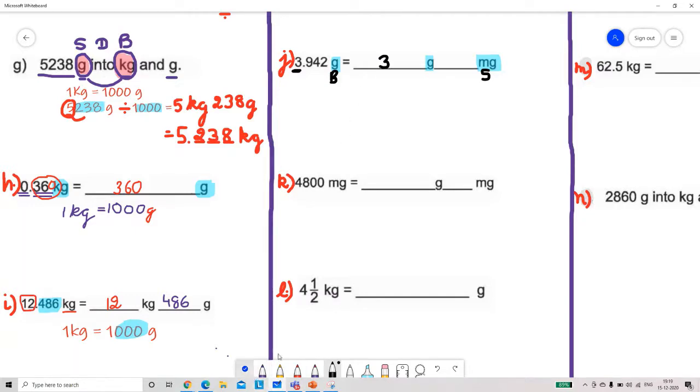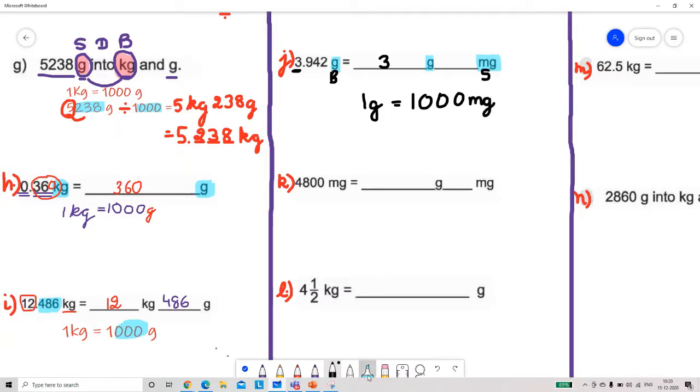Now the next thing which we should know is the relationship between grams and milligrams. So 1 gram has how many milligrams? 1 gram is equal to 1000 milligrams. Let me write quickly. 1000 milligrams.